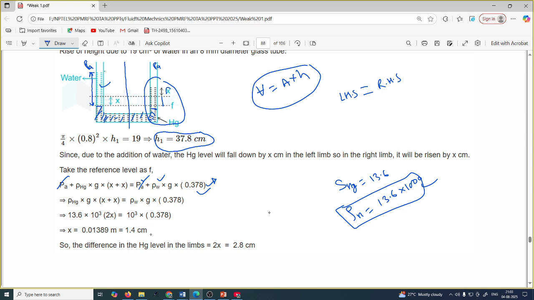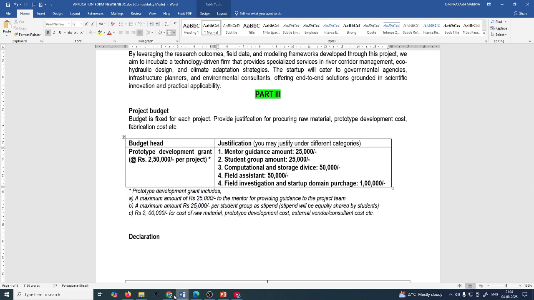Once you calculate, your answer will be 14 centimeter for x, but your difference is 2x, so the difference will be 2.8. Hopefully everyone got the concept behind this question.